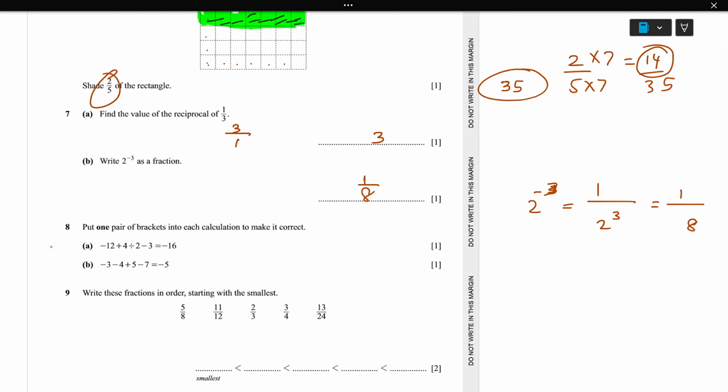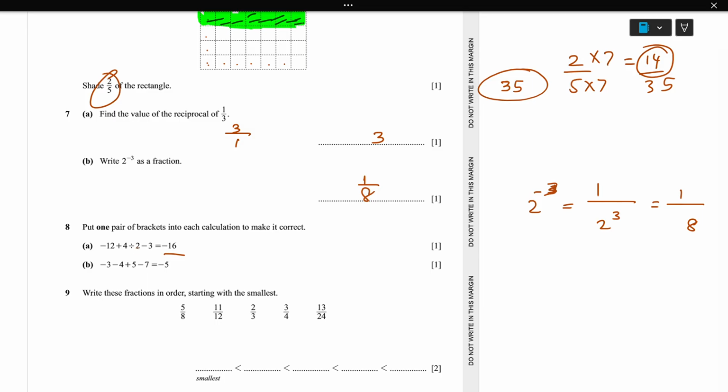Next, put one pair of brackets into each calculation to make it correct. So negative 12, and negative 4, which gives negative 16.